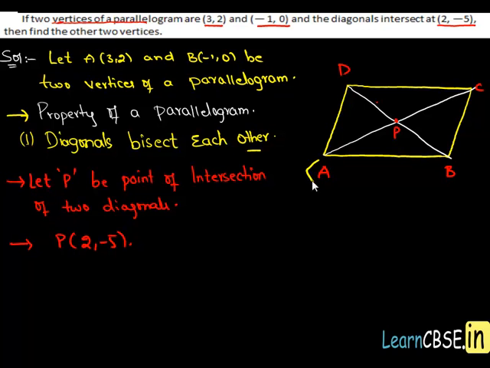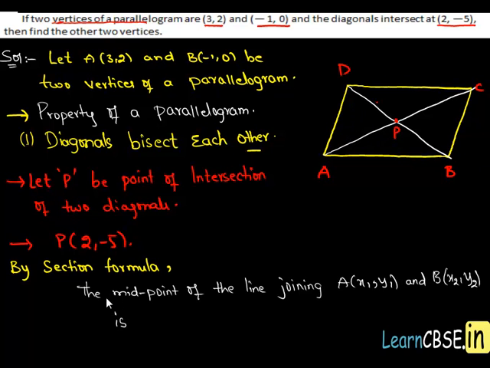Since we know the two vertices A, B and the midpoint P, we can find the remaining vertices D and C. How do we find it? We find it by using the section formula. Here we have a special case of the section formula.